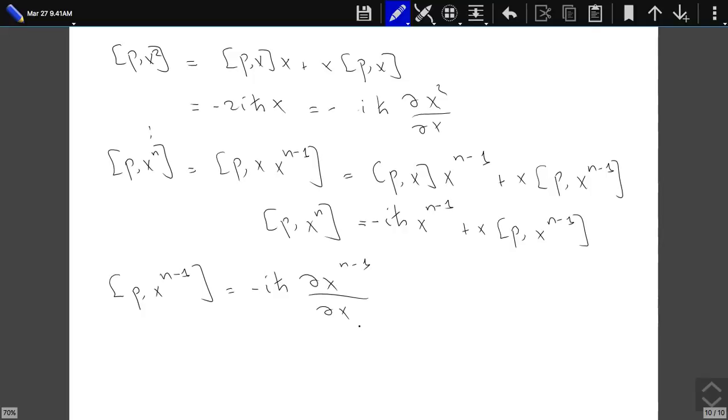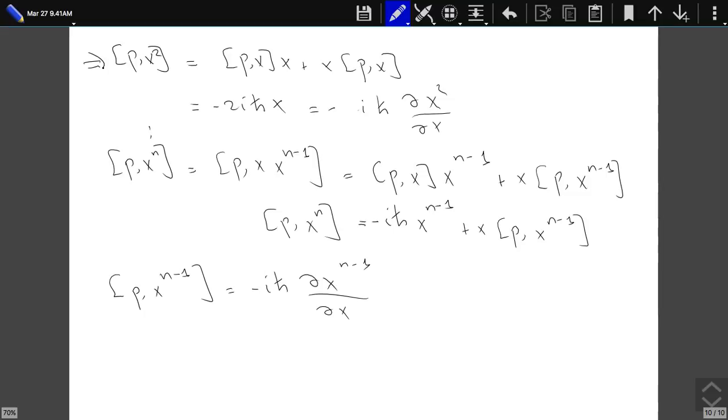If n is equal to 1, the commutator is 0 and the right-hand side is 0. It holds for n equal to 2: the commutator of p with x is minus i h bar, del x by del x. It holds for n equal to 3: it is just x squared here. At the top line, we have shown that it is correct for n equal to 3. So it holds for n equal to 1, 2, and 3.